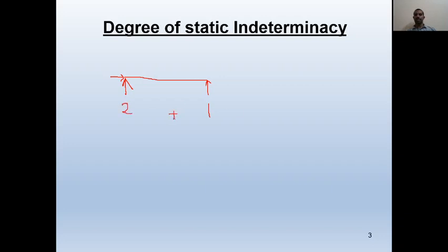Total 2 plus 1 is nothing but 3, and again as equilibrium equations are also 3, this is also a statically determinate beam. And let us also consider the overhang beam.